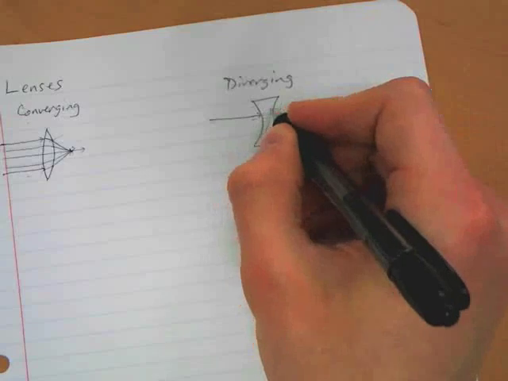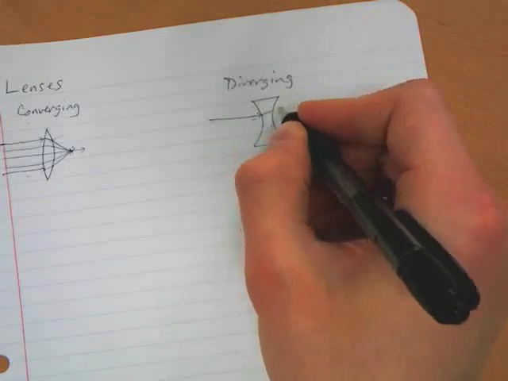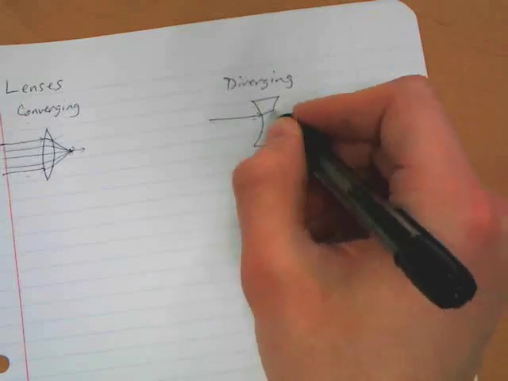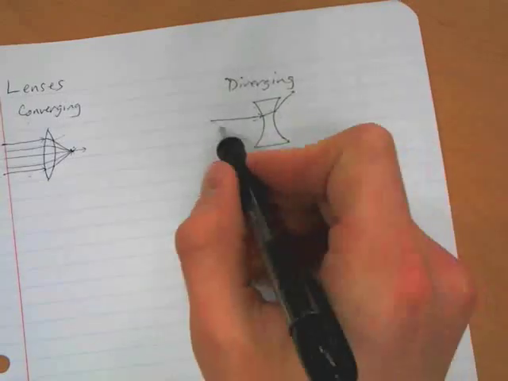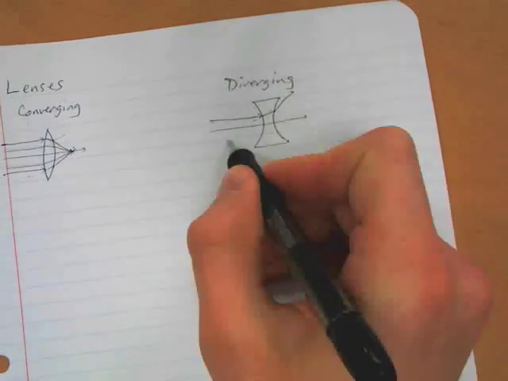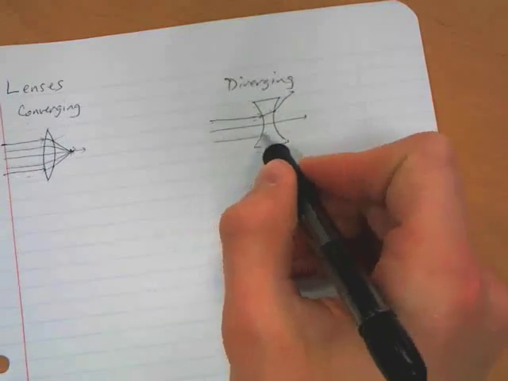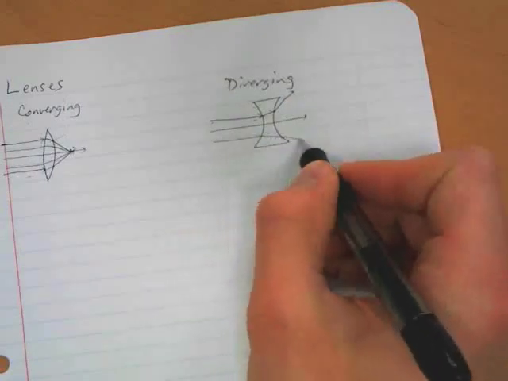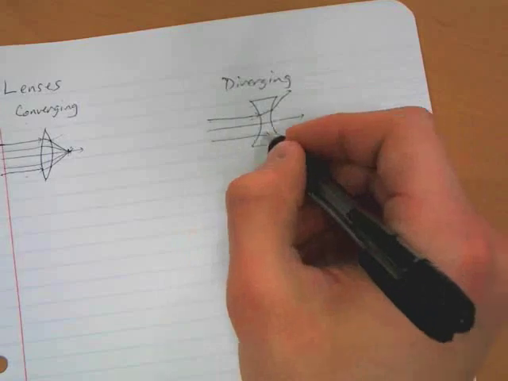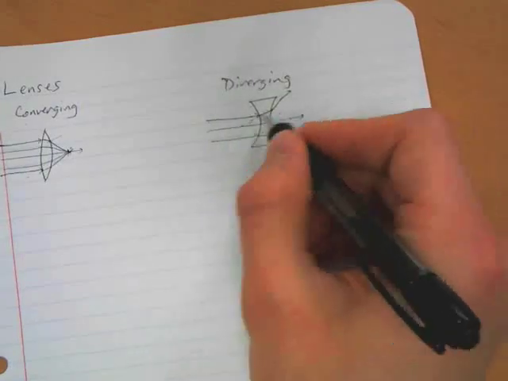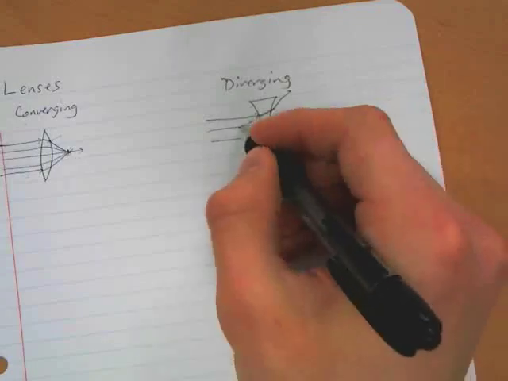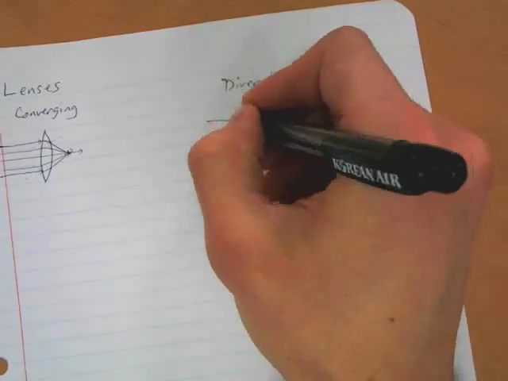Well, the normal's here, so it bends up, and then here it bends away from the normal, so it bends further up, and it diverges. Goes through the middle, nothing really happens. Over here, it'll bend away more. And if you project these rays backward, and if you draw them well and project them backward, then they also come to focus at a single point, the focal point.